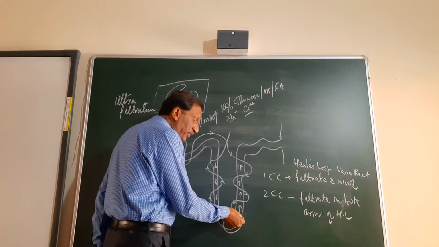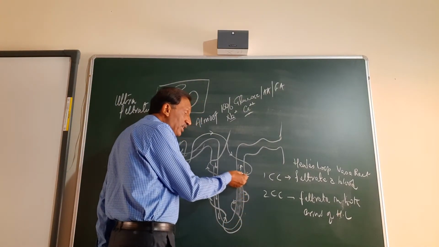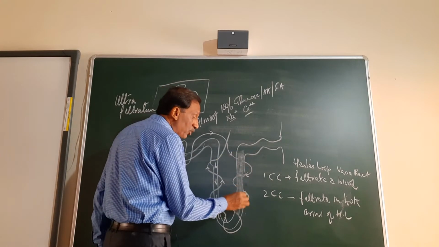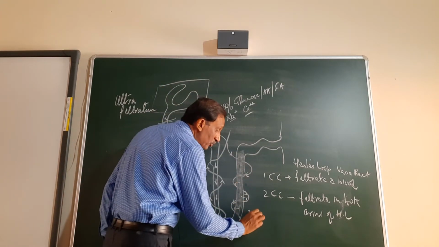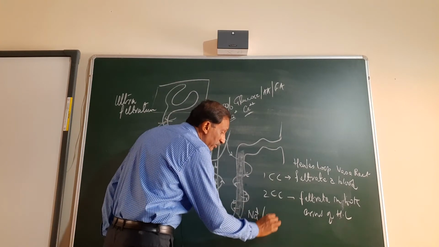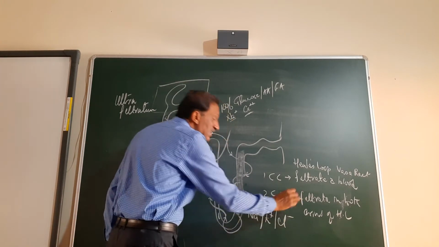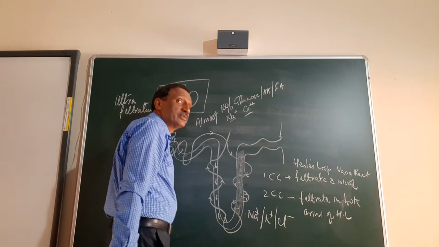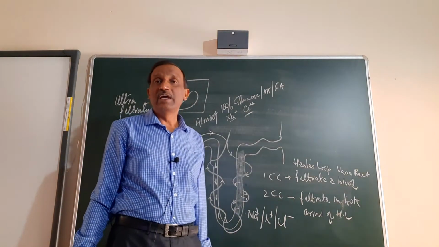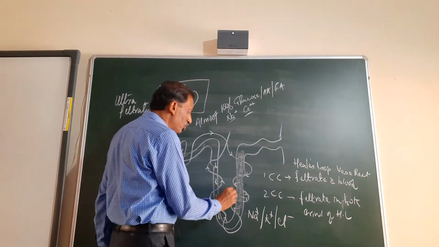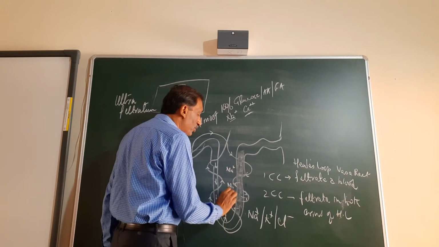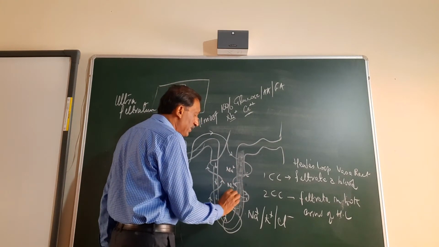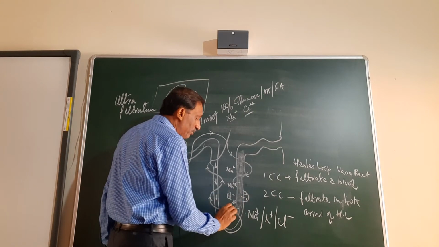When the filtrate is going in this direction, more and more sodium, potassium and calcium will be absorbed into the blood and into the surrounding. So there will be more sodium here, more calcium here, then chloride here, and some amount of sodium and potassium.